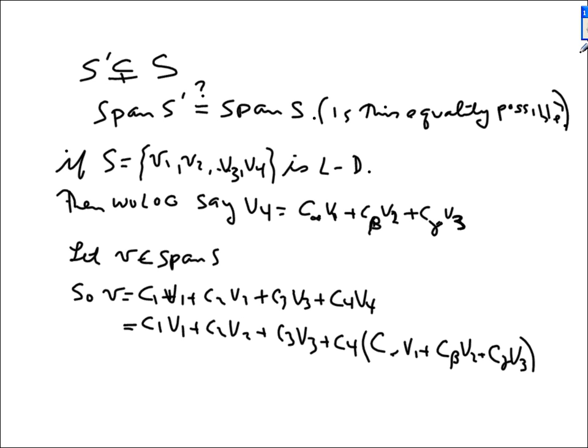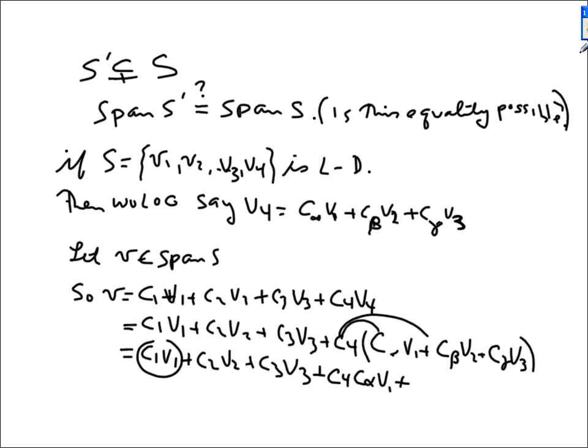Now I'm going to be able to combine some vectors, like C4 C alpha V1 with C1 V1, and just distribute C4 C beta times V2 plus C4 C gamma V3.